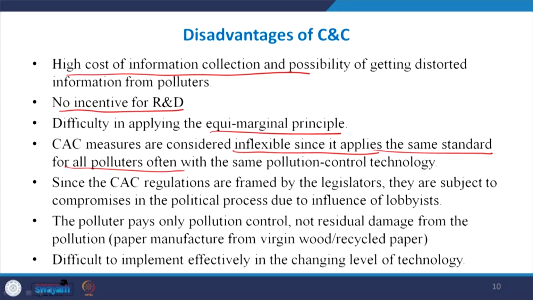Different companies may have different production systems and processes, and when you have a uniform kind of standards, then you will not be able to get better results, and that is why this system is known as inflexible in this regard.